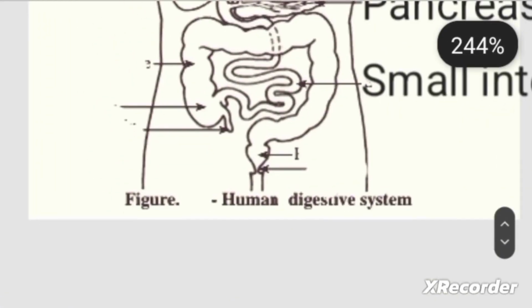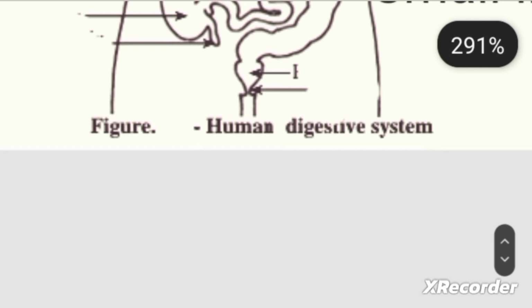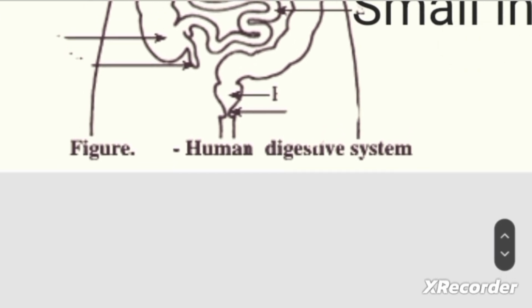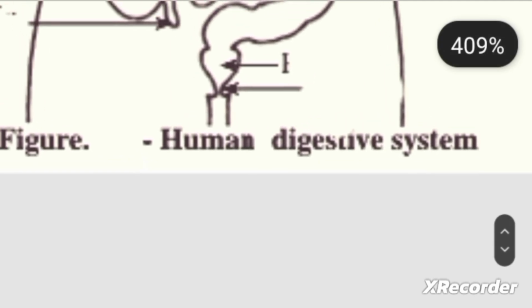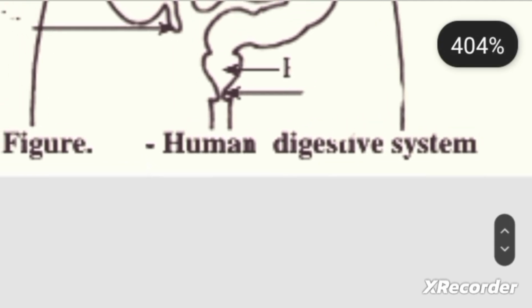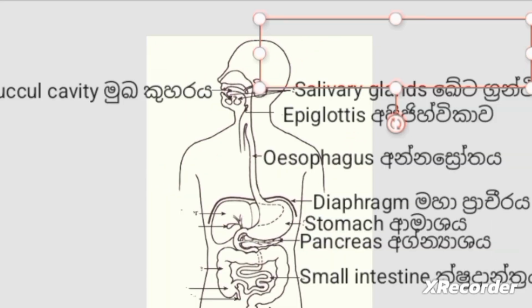Then the next structure that we label is the latter part of this larger tube. We can label this structure as rectum. In Sinhala we call it Gudamargaya.